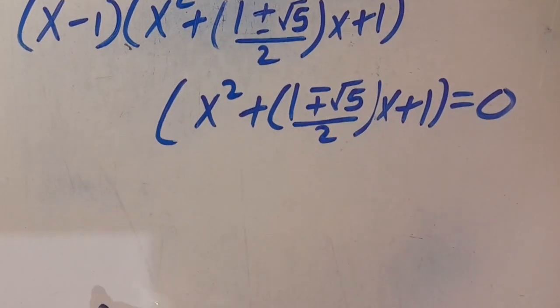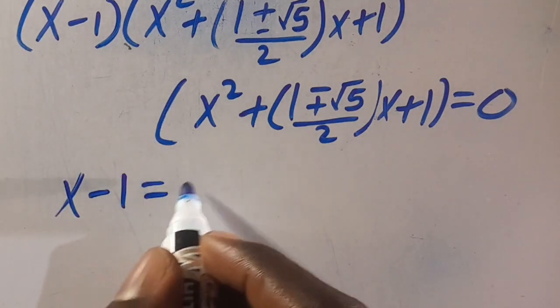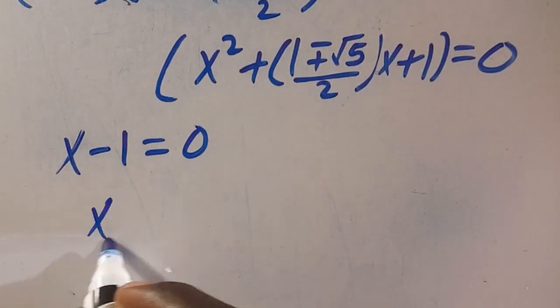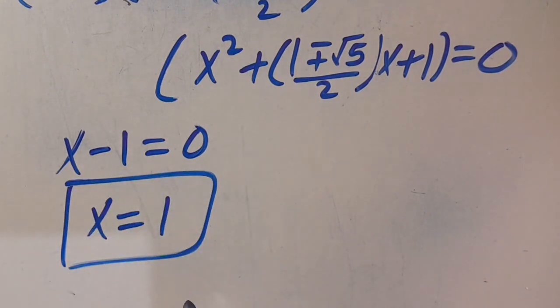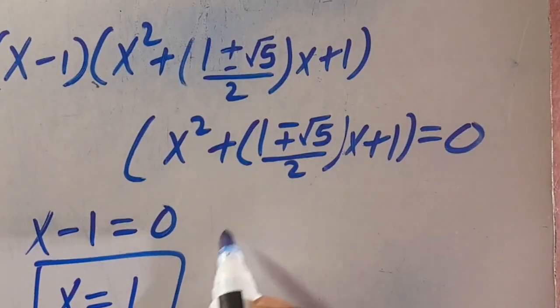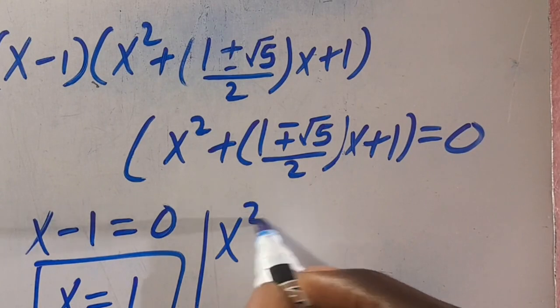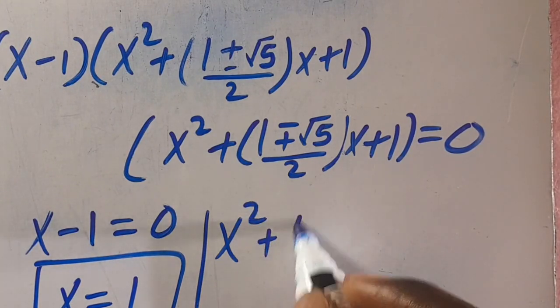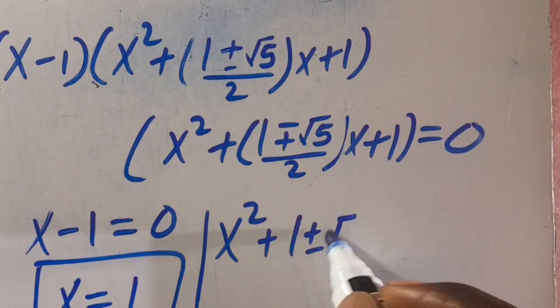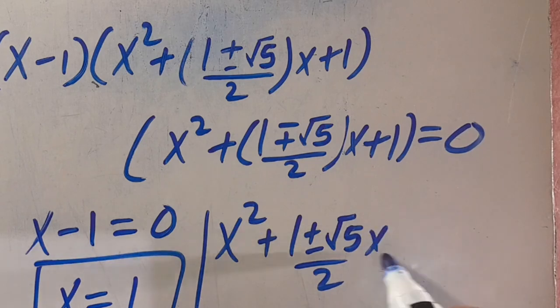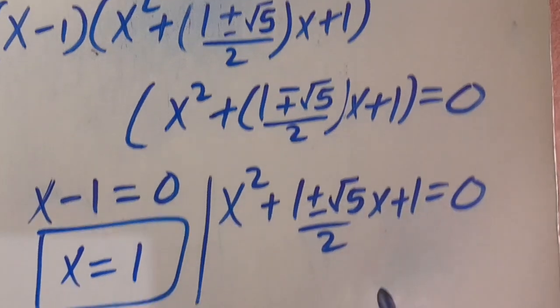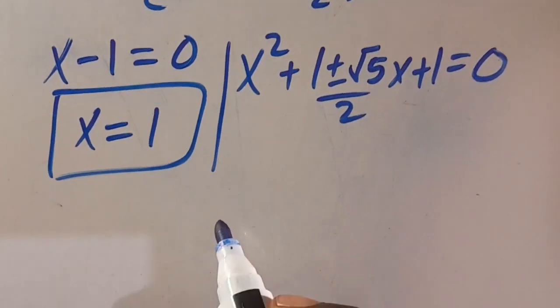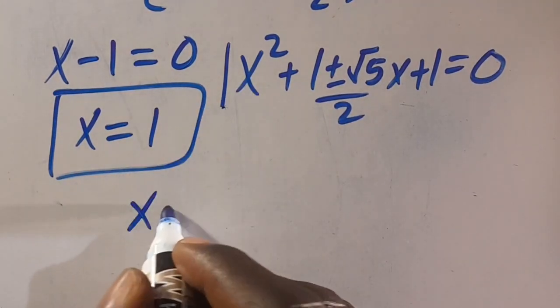So from here, for this expression to be equal 0, either we have x minus 1 equals 0, where we have it before as x will be equals 1, the real solution, or we have x squared plus 1 plus or minus root 5 divided by 2 multiplied by x plus 1 equals 0, where we are going to have the value of x to be equals.